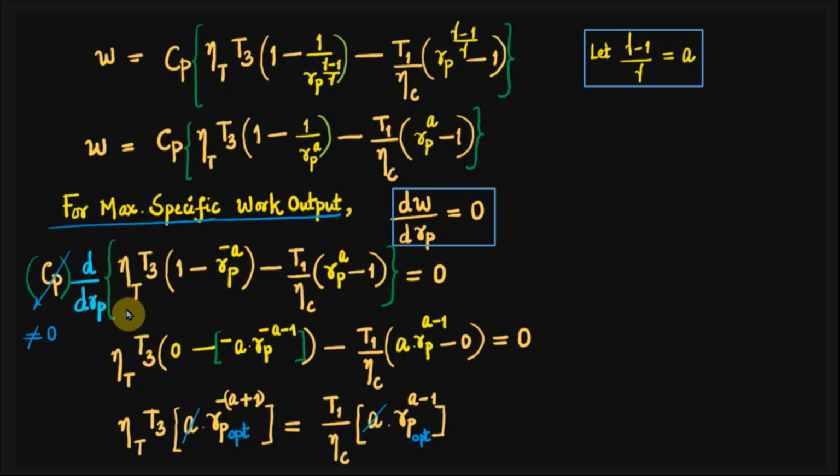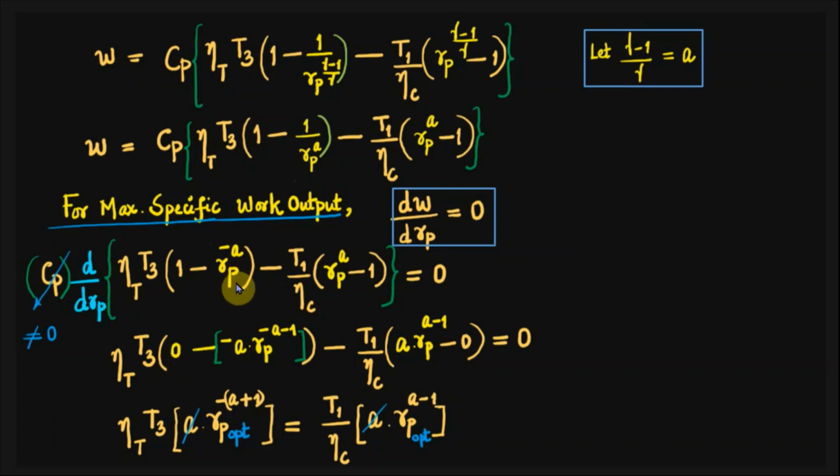When you take the derivative, eta suffix T into T3 is outside the bracket, and the derivative of 1, that constant, is 0. Derivative of Rp raised to minus A: how did you get Rp raised to minus A? Because this is 1 by Rp raised to A, so when Rp raised to A is taken to the numerator, it becomes Rp raised to minus A. Now you take the derivative, just like you take the derivative of x raised to n with respect to x. The first term, the derivative is 0.